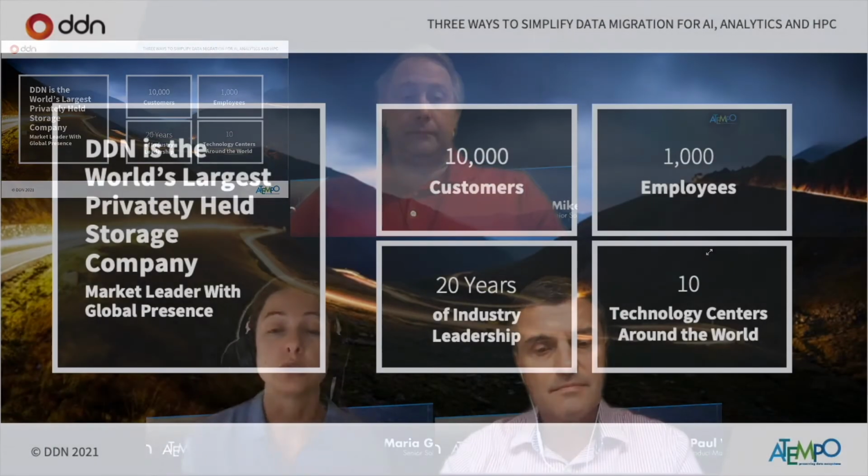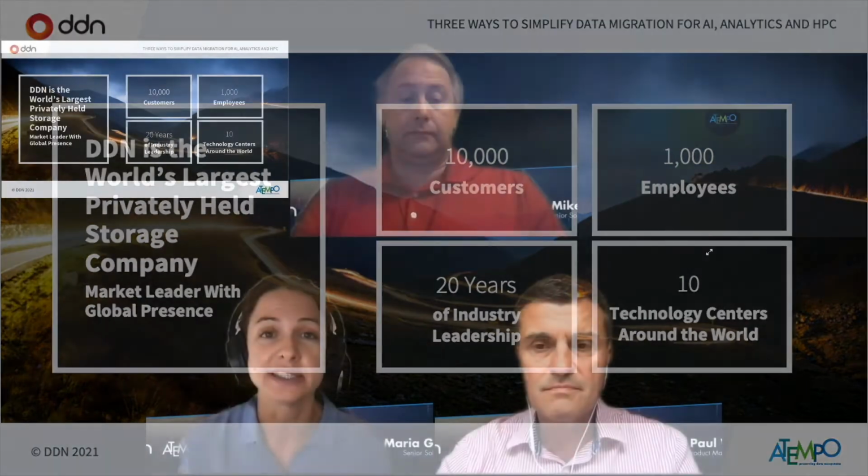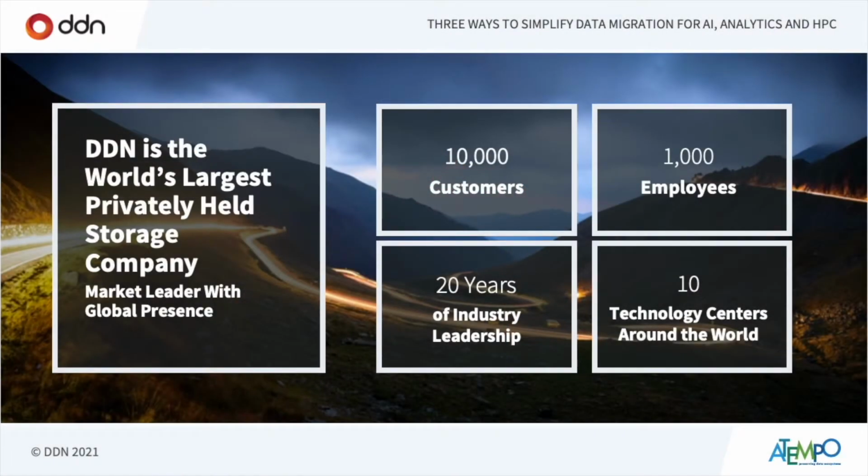Today, we count more than 1,000 employees around the globe, all focused on storage, who serve our customers to enable them to achieve results faster in the most efficient way. And to finish this summary, we have 10 technology centers around the world.